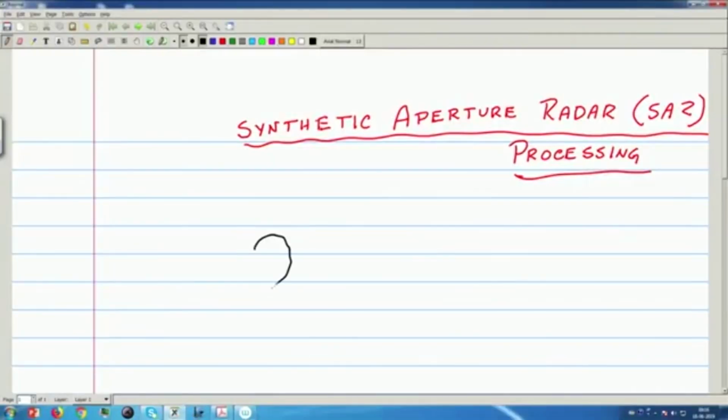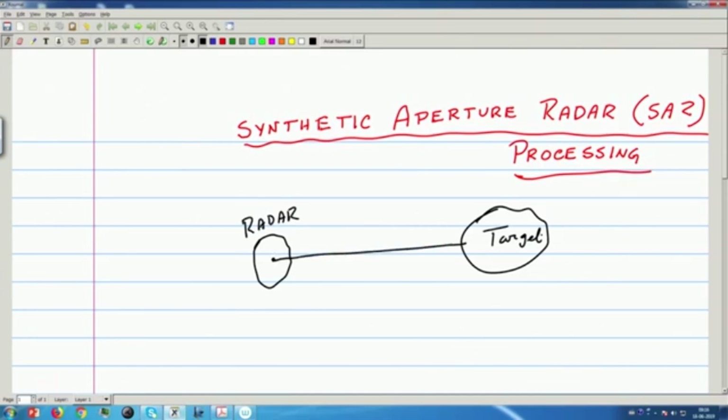In this connection, I want to say that suppose you have your radar here and the target here. So, there is a reference point. This radial direction is called range, or in radar people call it down range.